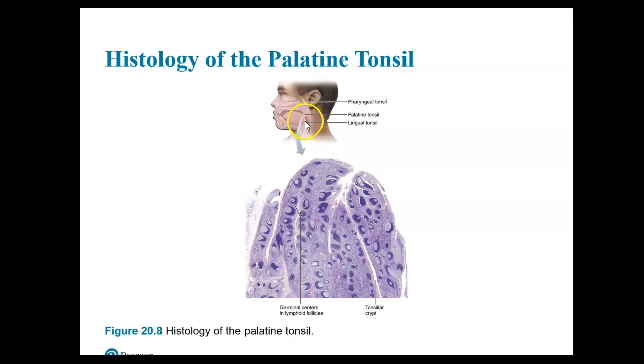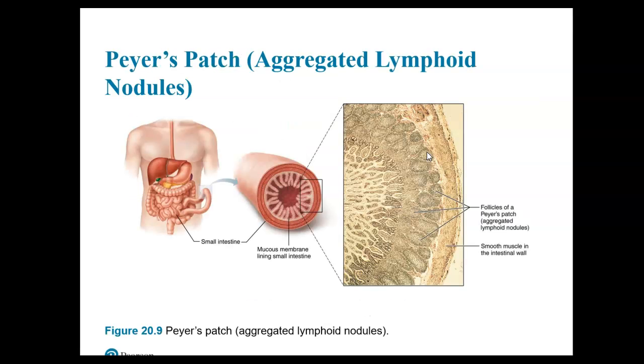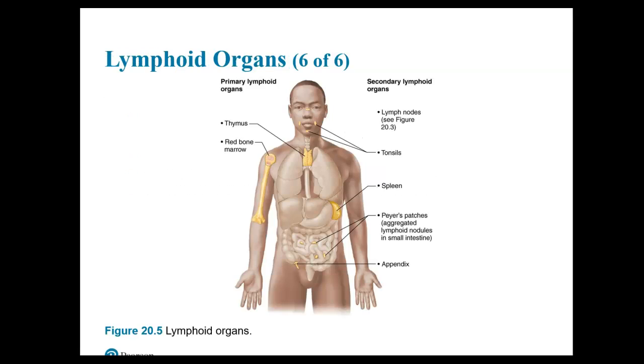The lingual tonsils are at the base of your tongue. And then you have the tubal tonsils, which are not shown here. I think this might be the tubal tonsils, and then the pharyngeal tonsils are more up here near your nasal cavity. We should find a picture. I'm so sorry. They're not showing the tubal tonsils.